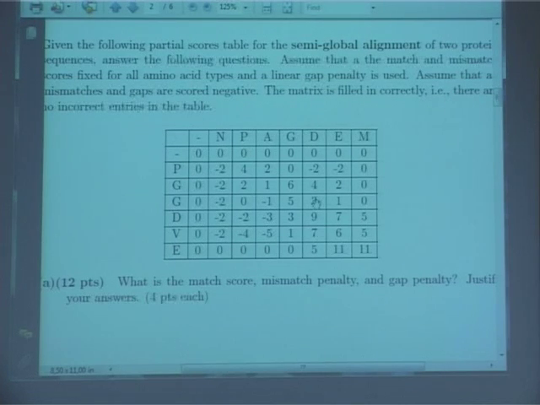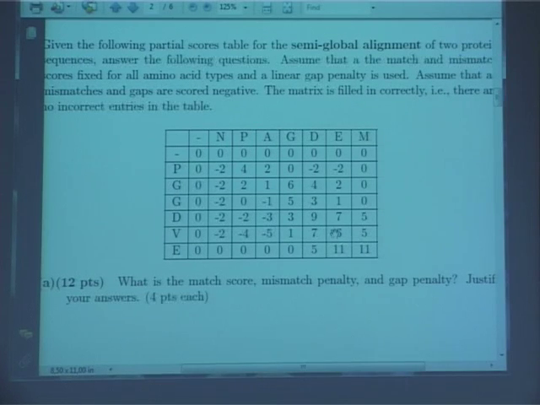Why? Because if it were -2, for the G and D mismatch, 6 minus 2 would be 4, and I could have put 4 in this cell instead of 3. So the mismatch penalty cannot be -2. This cell tells me it's either -3 or even worse than that. So I cannot determine the exact mismatch penalty by just looking at this cell.